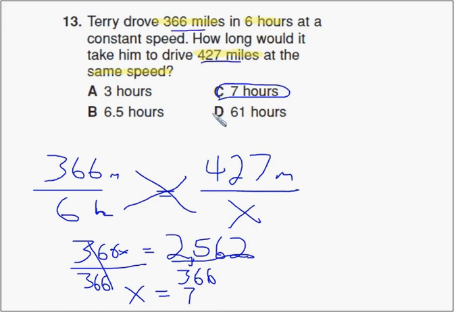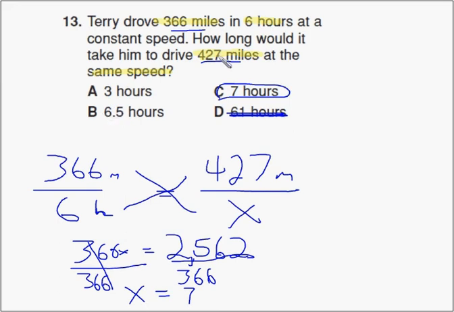So 61 hours is ridiculous. And it's further, so it's not going to be less time. It's going to take longer to drive further. That's ridiculous. And then this is going to take, that's only a half hour longer. So this is actually longer, but it's only a half hour longer. It's quite a bit further here.